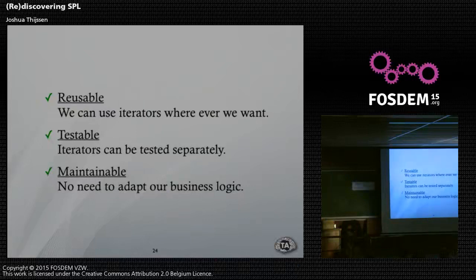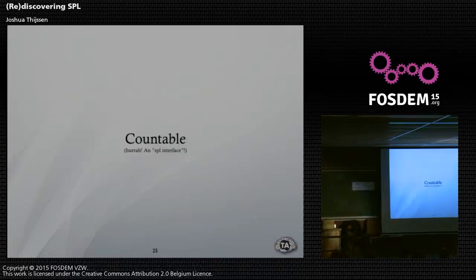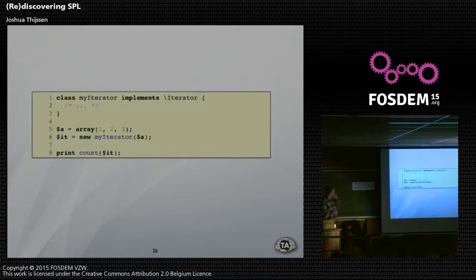Cool. Let's talk about countable. This is really fun because this is the first official SPL interface that's on the website. The countable interface works a bit like this. As an example, I have an iterator, and that iterator, I leave out a bit of it, gets 3 elements, an array 1, 2, and 3, and then I'm going to say print count iterator.